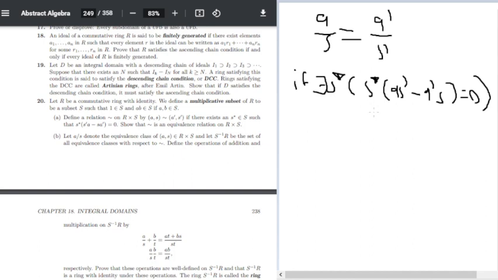Alright, so show that that's an equivalence relation. Obviously, if it's the same thing, then this just evaluates to 0. This is symmetric in its arguments; just reversing them is fine.